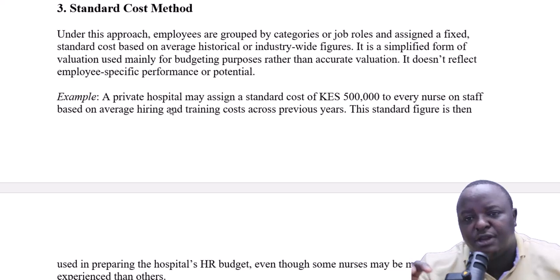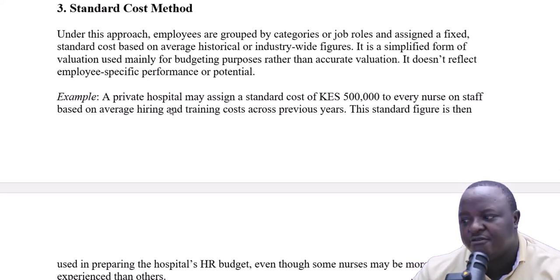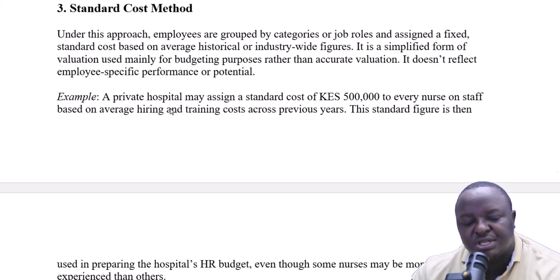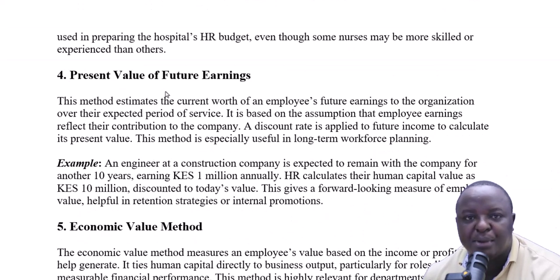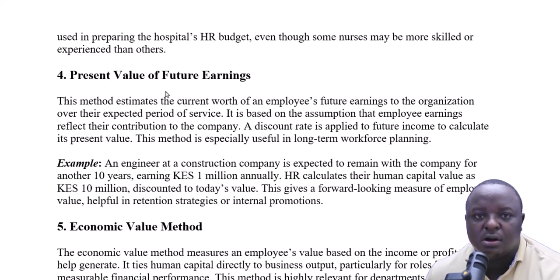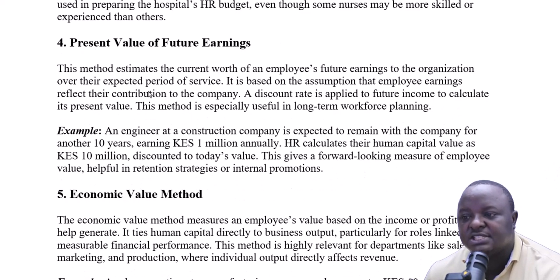Just like the example I've given, a private hospital may assign a standard cost of 500,000 to every nurse on staff based on average hiring and training costs across previous years. This standard figure is then used in preparing the hospital's HR budget, even though some nurses may be more skilled or experienced than others.